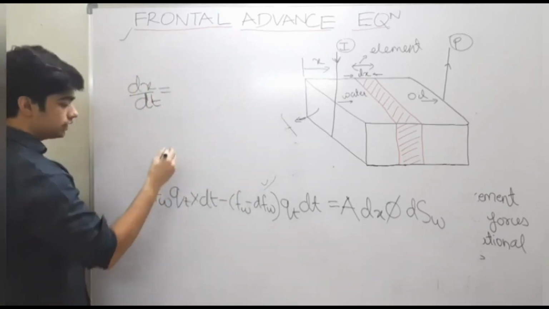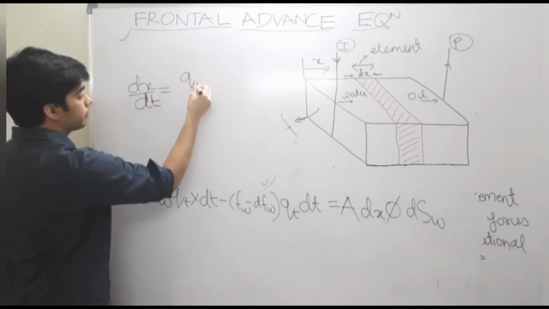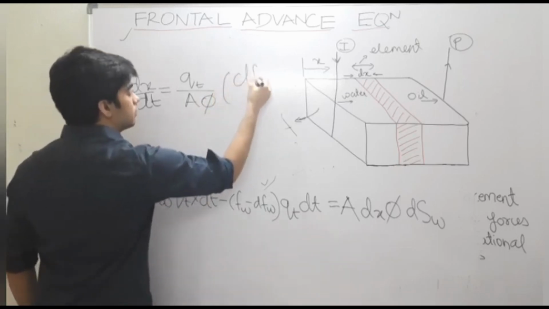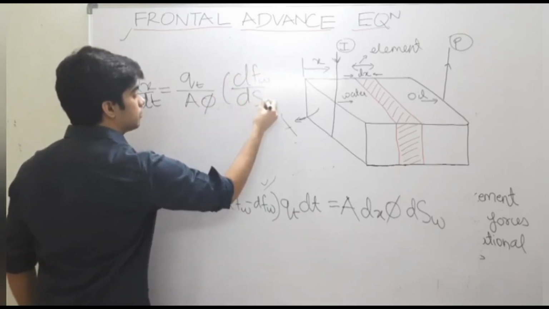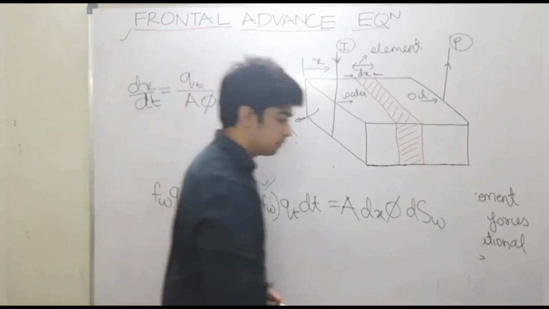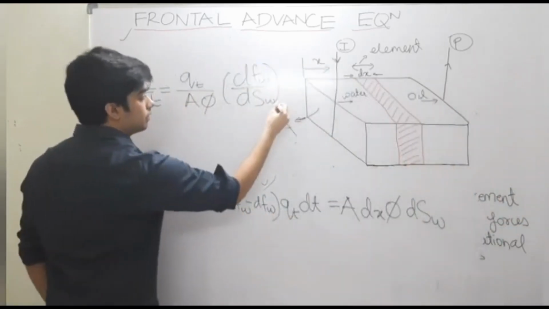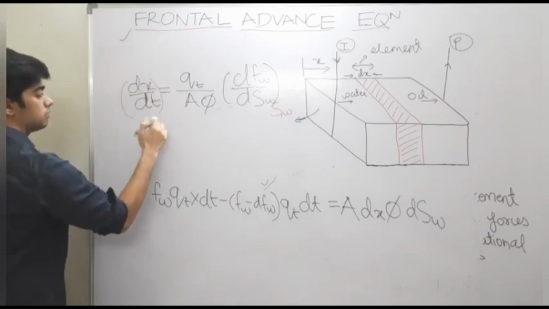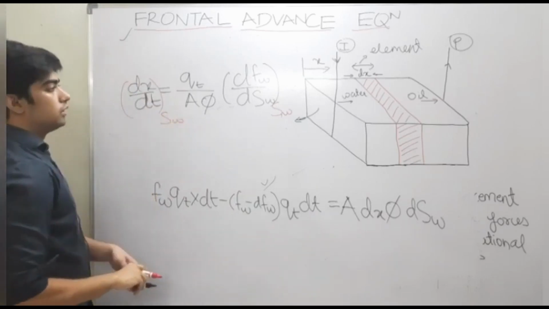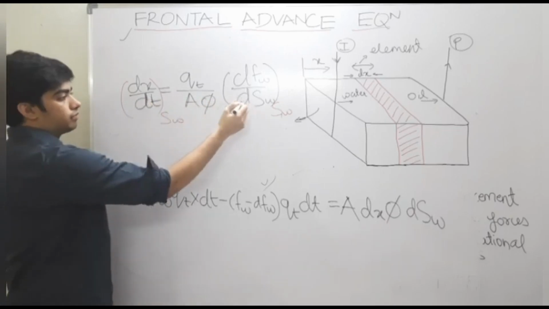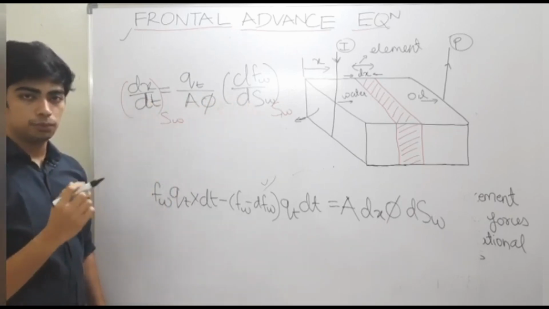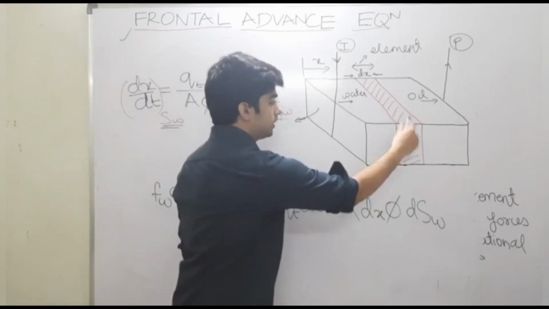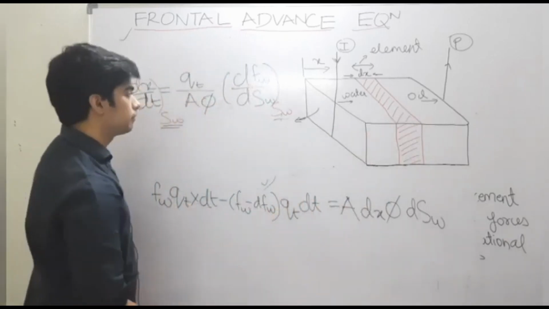if we rearrange our equation, this is what we will obtain. These values are actually variable, they change with time, they change with position, that's why they are defined for one specific saturation, as this element will be valid for one specific saturation value.